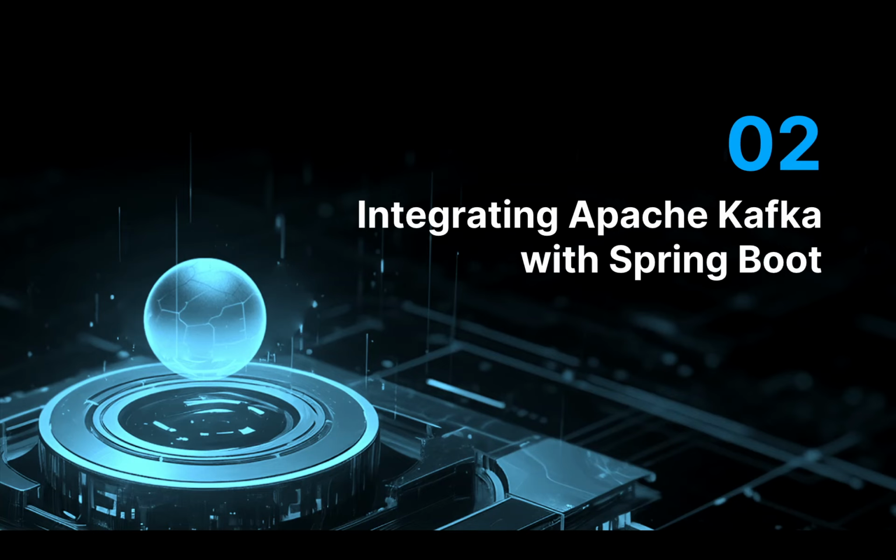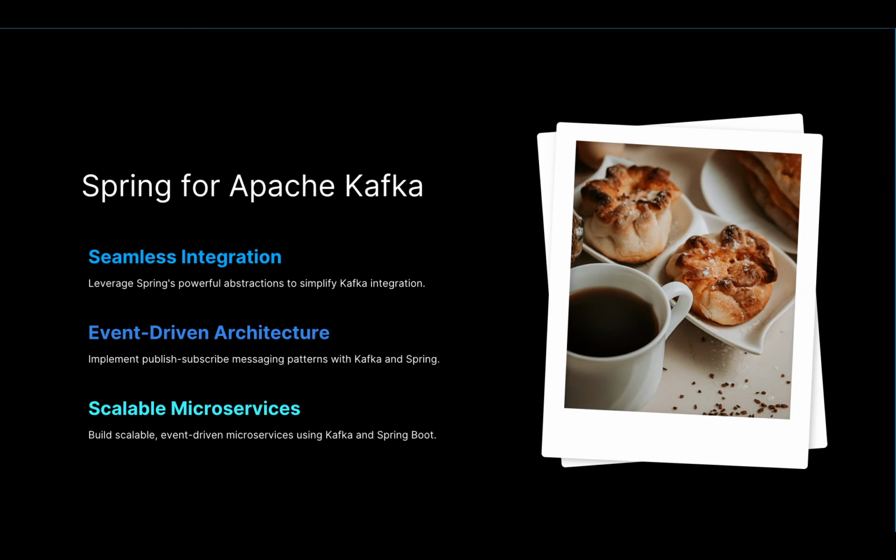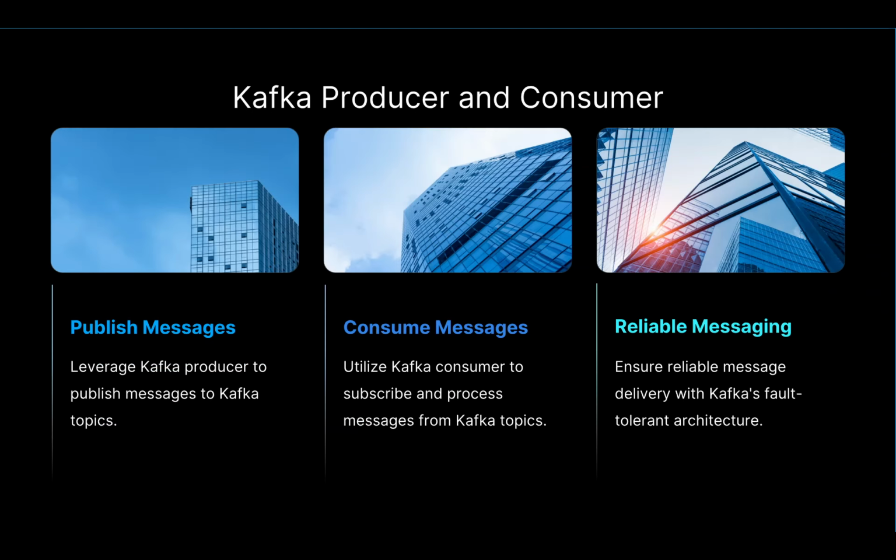So in our demonstration, we will be looking at integrating Apache Kafka with Spring Boot. So, Spring for Apache Kafka: seamless integration, event-driven architecture, scalable microservices, and all those things. Then you have Kafka producers and Kafka consumers.